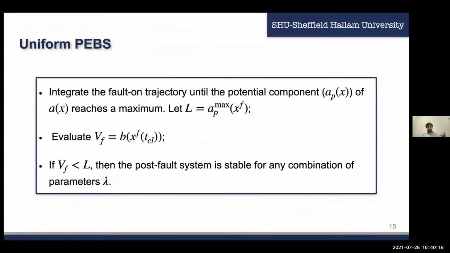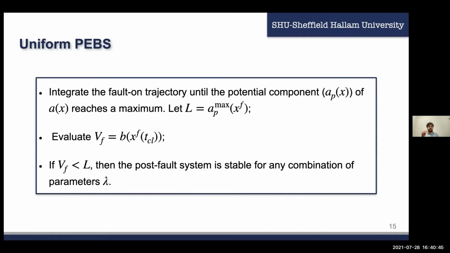And we can even try to create a uniform version of our potential energy boundary surface idea. Instead of using the function V of x, because V of x now depends on lambda, we use the potential component of a of x, because a of x is independent of lambda.